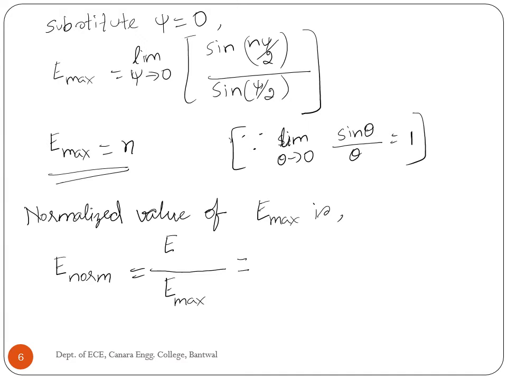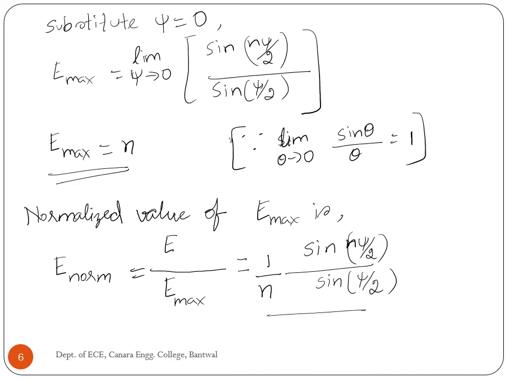So total electric field intensity is sine of n xi by 2 divided by sine of xi by 2, divided by E max, that is n. This is the normalized value of n isotropic sources having same amplitude and different phase angle.